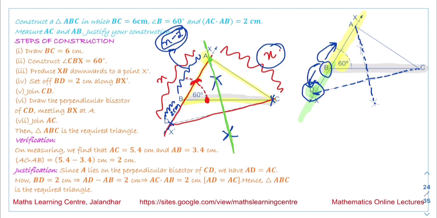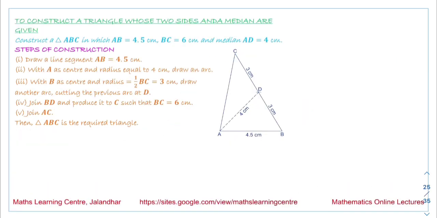Now the next problem that we have is to construct a triangle whose two sides and a median are given. So we have to construct the triangle ABC. Suppose triangle ABC is there, and it is given that the side AB is 4.5 centimeter.